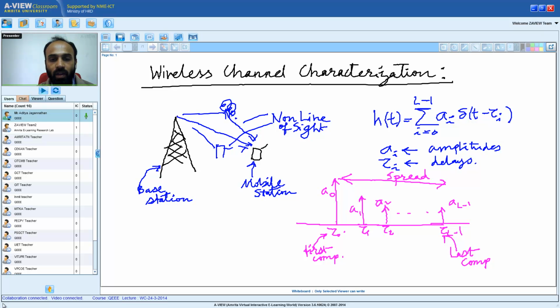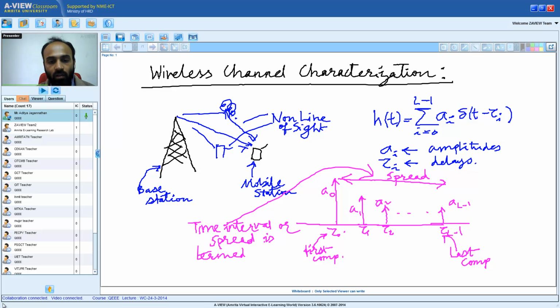So this time interval over which the various components are arriving is termed the delay spread.